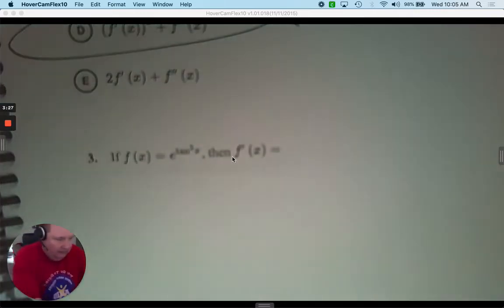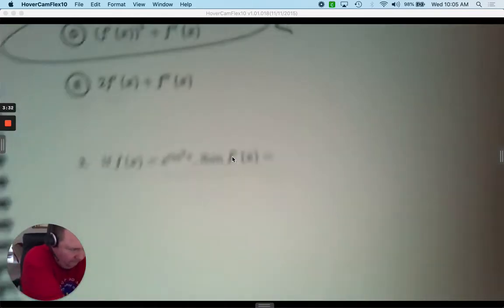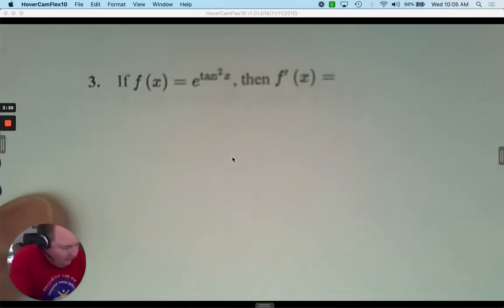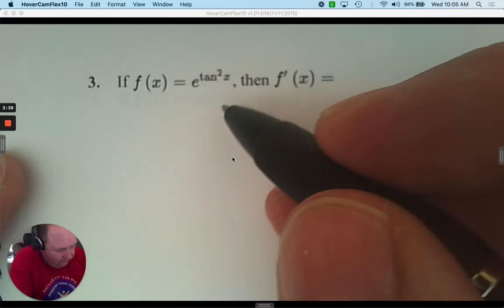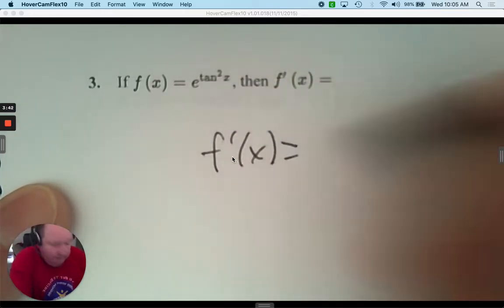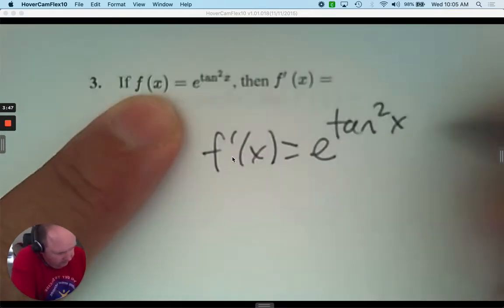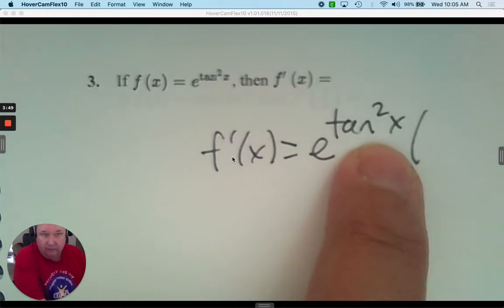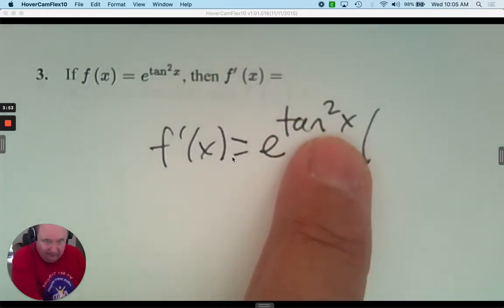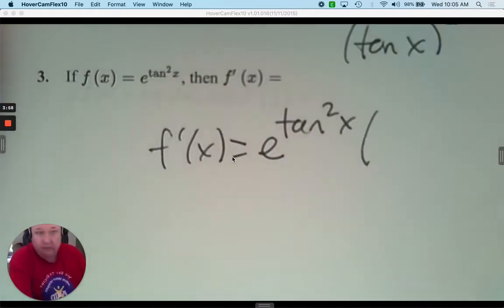Number 3, can you take the derivative with an exponential and a trig? The rule for e is to copy it, and then the hook comes from the exponent. So the derivative of tangent squared x, think of that as tangent x squared.